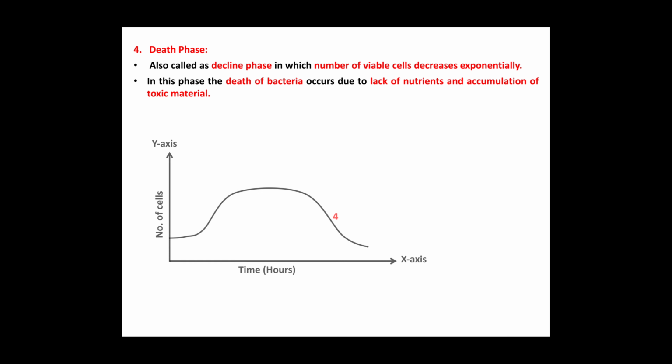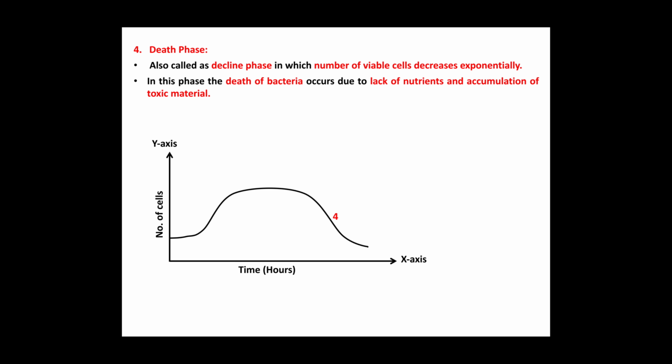At this phase, the death of bacteria occurs due to lack of nutrients and accumulation of toxic material. In the diagram you can see the curve going downward, meaning the bacterial cells are dying. Hence the direction of the curve is downward. So these are the 4 phases of growth of bacteria.